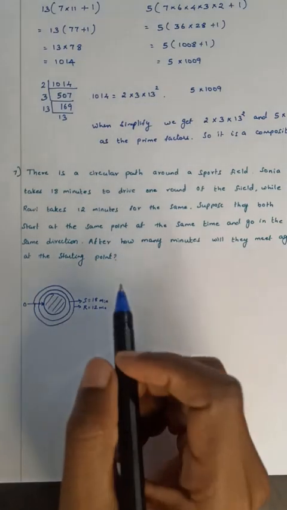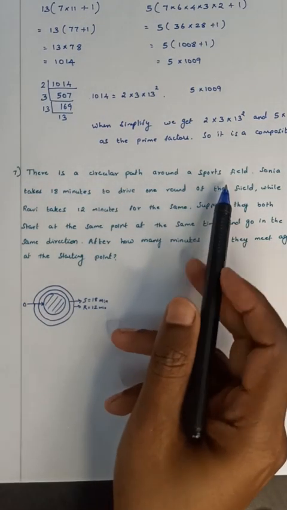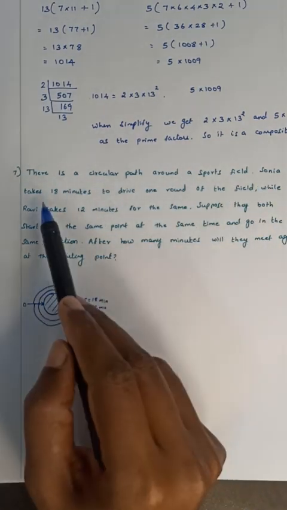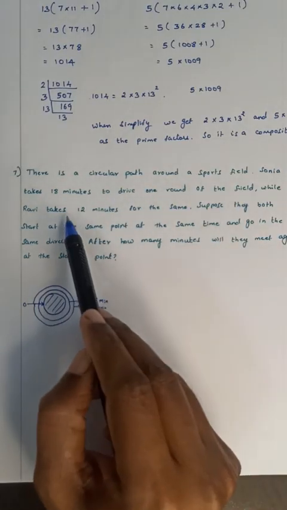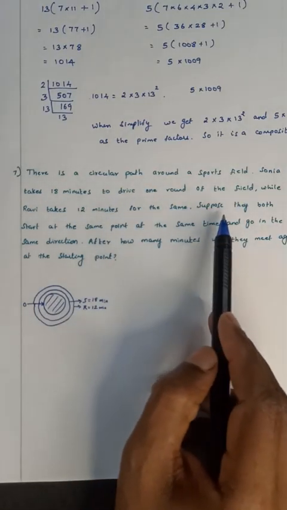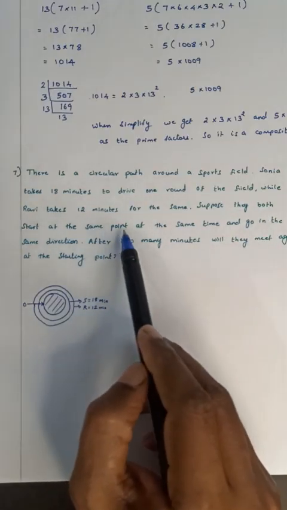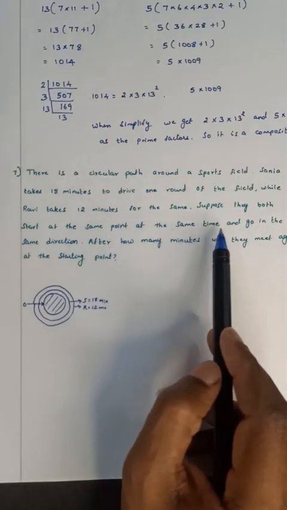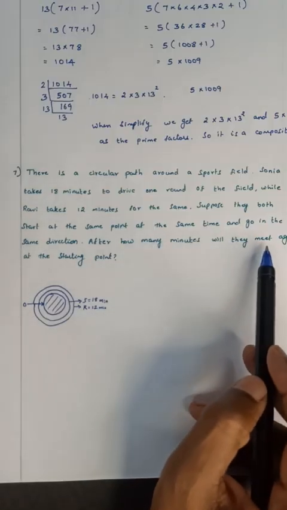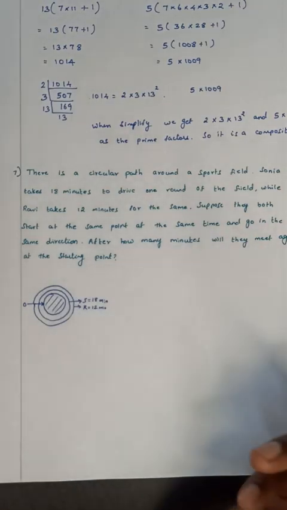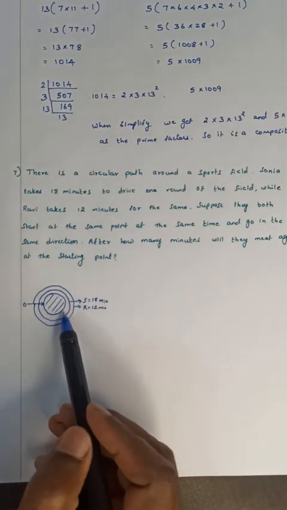Seventh question. There is a circular path around a sports field. Sonia takes 18 minutes to drive one round of the field, while Ravi takes 12 minutes for the same. Suppose they both start at the same point at the same time and go in the same direction. After how many minutes will they meet again at the starting point? Let us consider this as the ground.